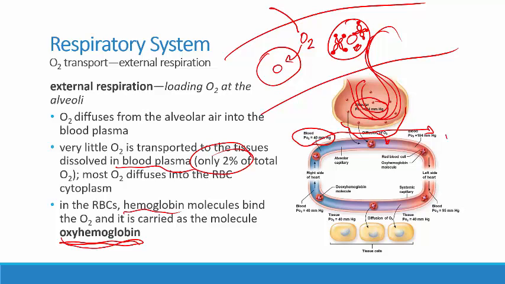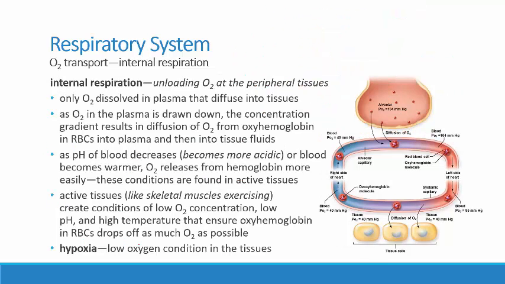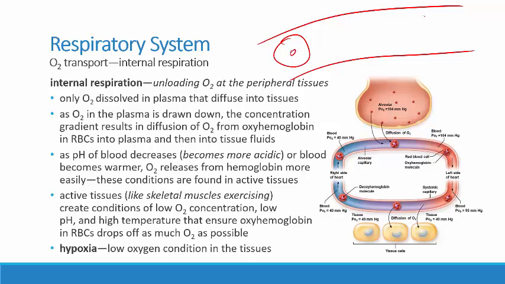Now when we get out to do internal respiration at the peripheral tissues, we've got to unload that oxygen. And it's only the oxygen that's in the plasma that can directly go into the tissues. So we have some O2 out here, right? So that O2 will diffuse out of the blood.